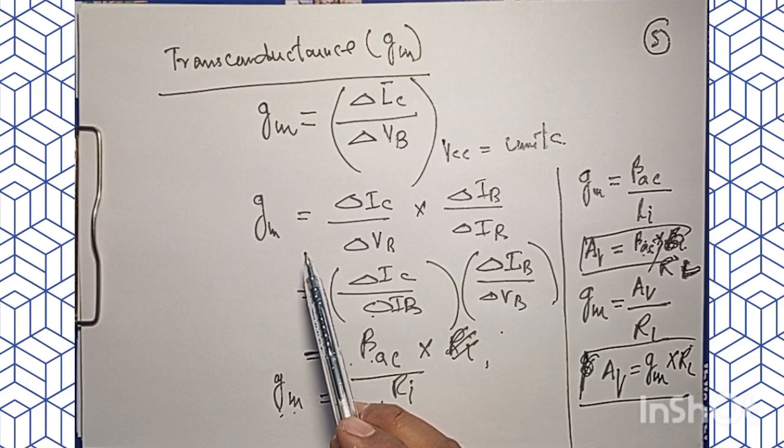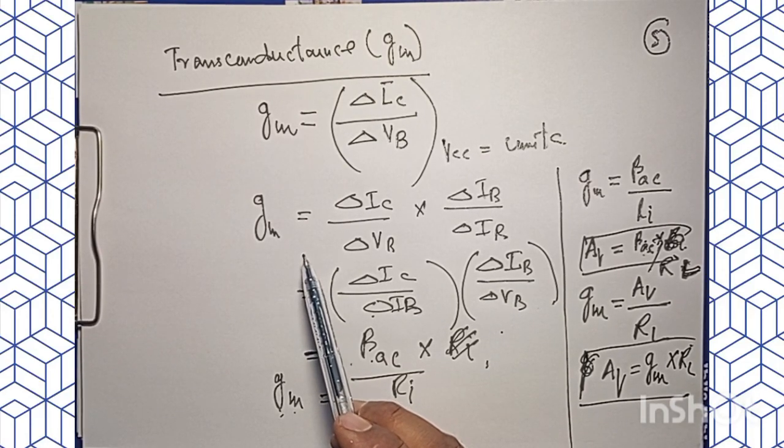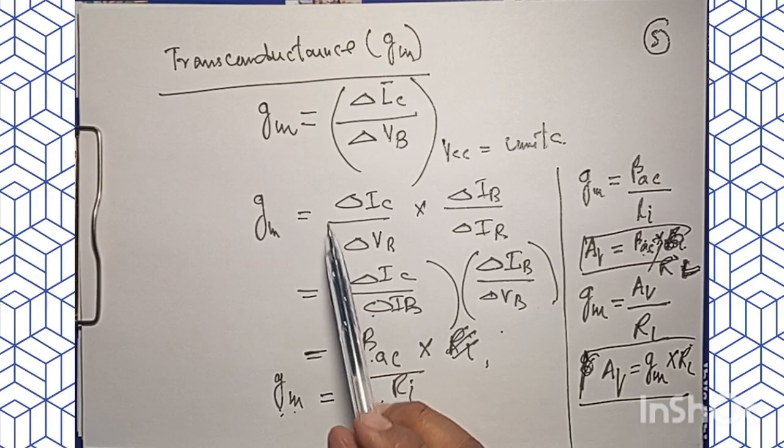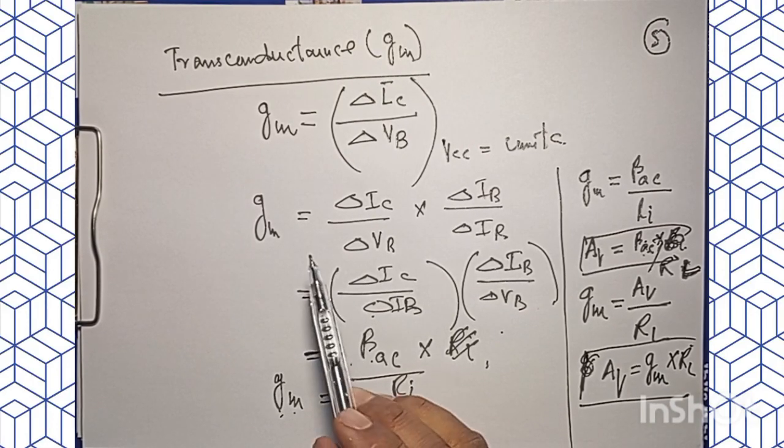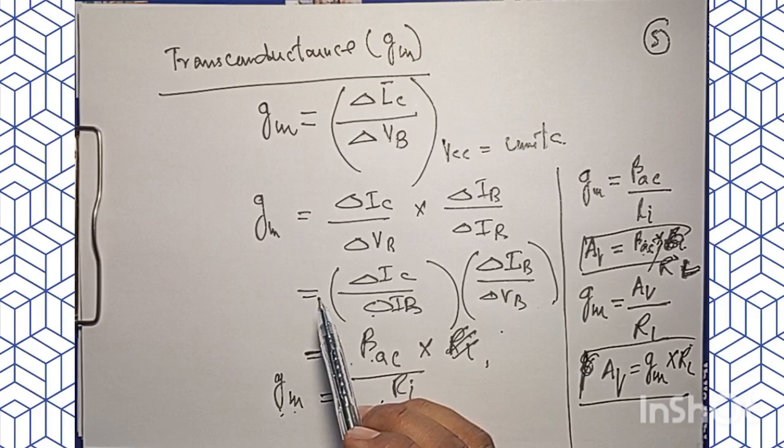So this is why the common emitter amplifier is preferred over the common base amplifier. If we make the calculations based on these equations, we will find that in common emitter mode, the voltage gain is large, the current gain is large, and the power gain is large.